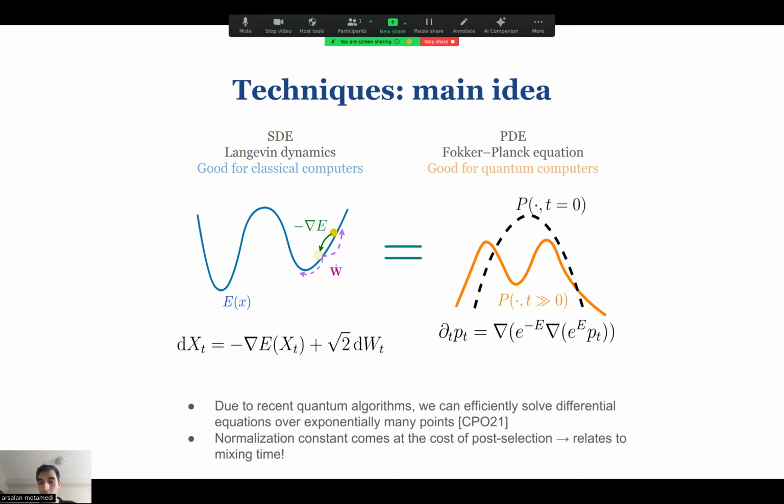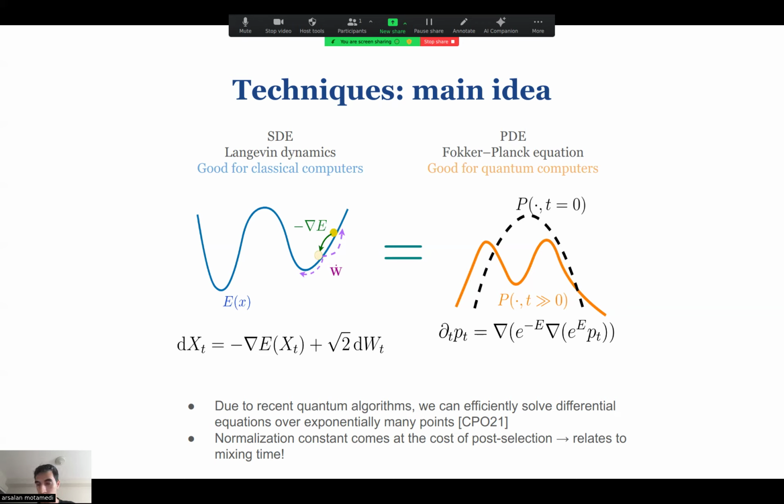However, the cost at which you can prepare the state is the post-selection cost. And our analysis in the paper shows that this post-selection cost is related to the mixing time. So that's the hardness of solving the problem going through this Fokker-Planck method.